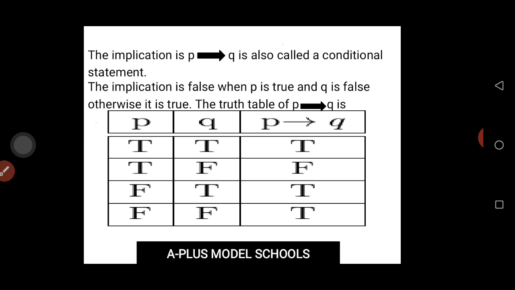But you can see the implication is false only when P is true and Q is false. So P must be true and Q must be false before it can be false. But otherwise, it will be true.